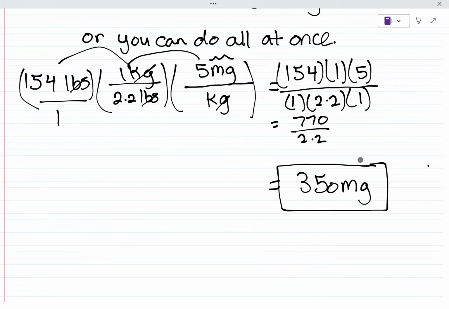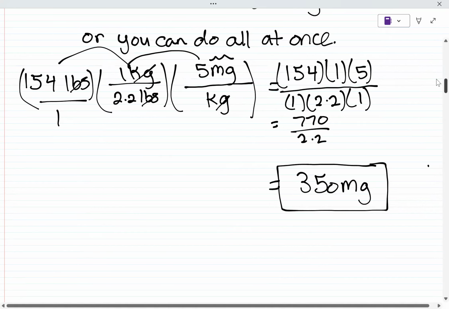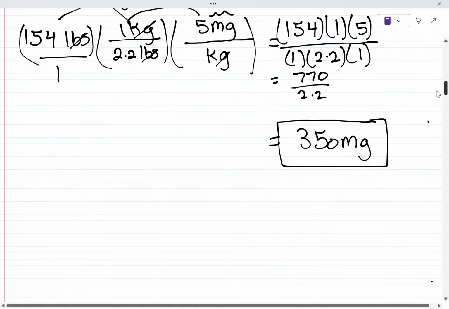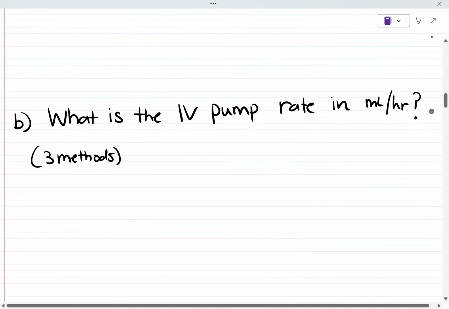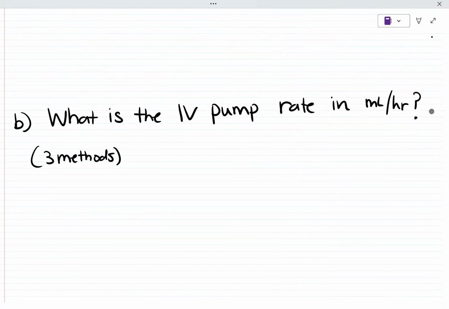Okay, part B. Part B says, what is the IV pump rate in milliliters per hour? You could do this in three methods. You could do dimensional, ratio and proportion, and the formula method. I'm just going to show you both ways.